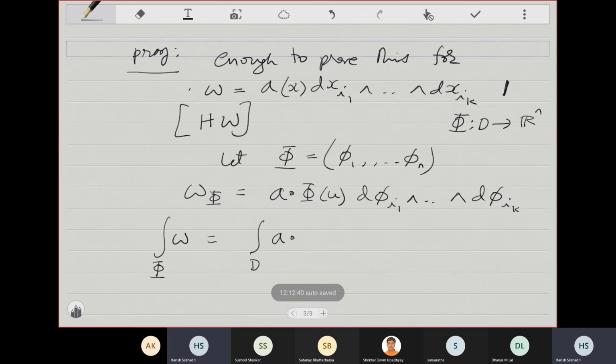So this is A composed with phi of u, and then the Jacobian term. This is my notation, not in Rudin. Phi subscript I of u, and then du.